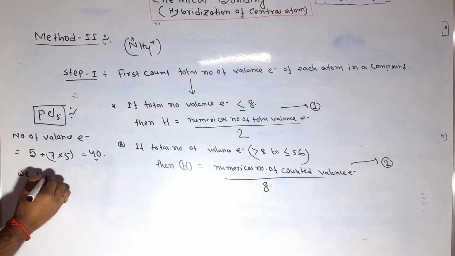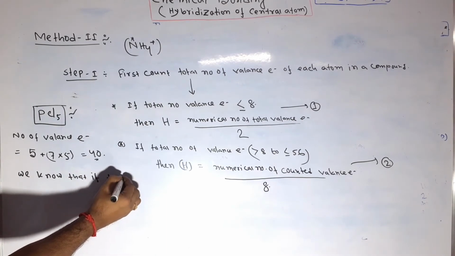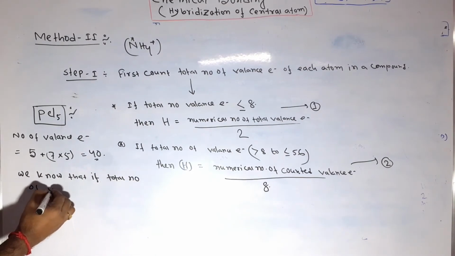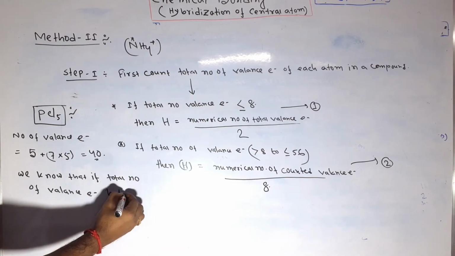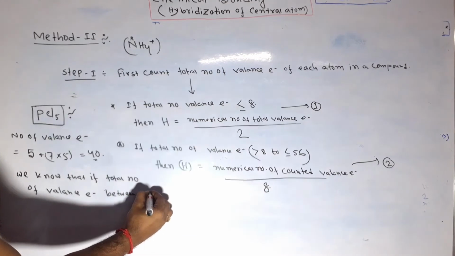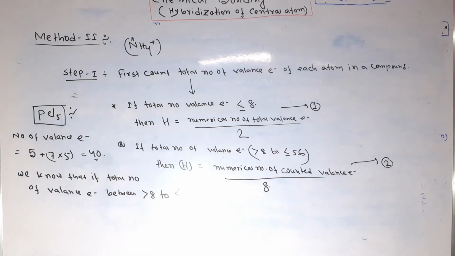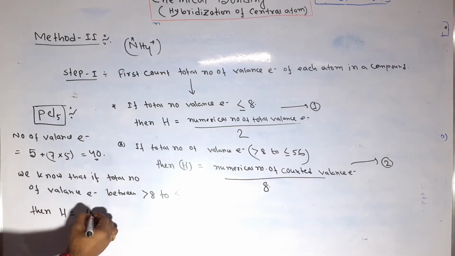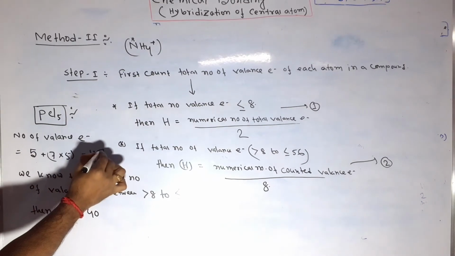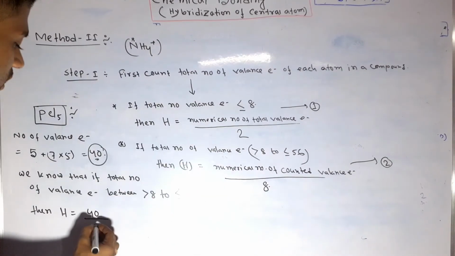We know that if the total number of valence electrons is greater than 8 and less than or equal to 56, then the hybridization number H is equal to the counted valence electrons, for PCl5 40, divided by 8.